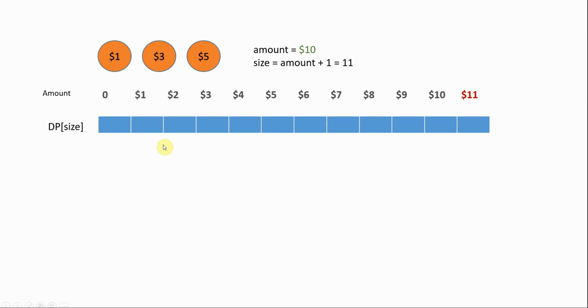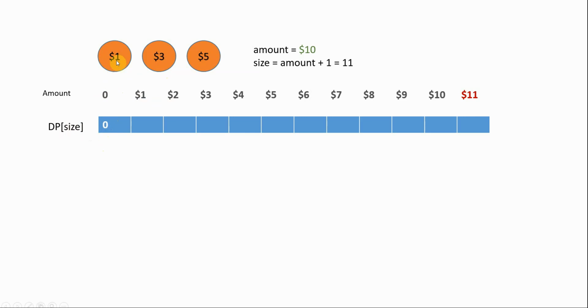So let's start with, in this case, let's start with 0. So what we do is we initialize dp0 to 0. That's going to be our start because 0 coins can make up amount 0. Now starting with $1, what we do is for each of these dollar amounts, we take all these coins one at a time.